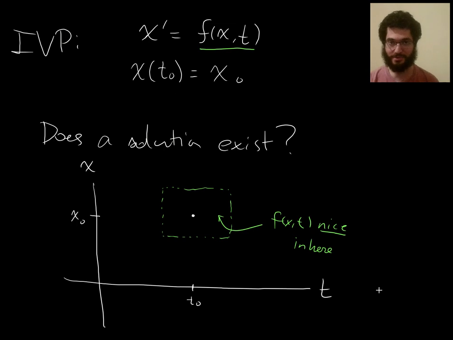I will let you look at the theorem in the book if you're interested in what nice exactly means. It has to do with the derivatives of f with respect to x or t, and whether those are continuous functions. But let me just summarize it as nice. If it is a nice enough function on the inside of a rectangle which contains your initial condition point on the inside of it, then yes.